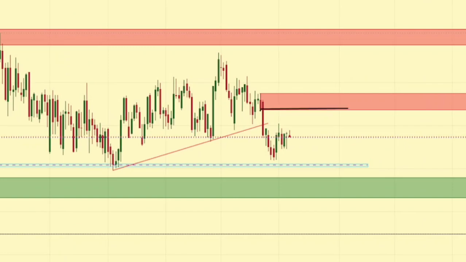Price has also created a fresh daily supply zone between 0.46182 and 0.46378. This supply formed after price broke below an ascending trend line and closed below the previous higher low.